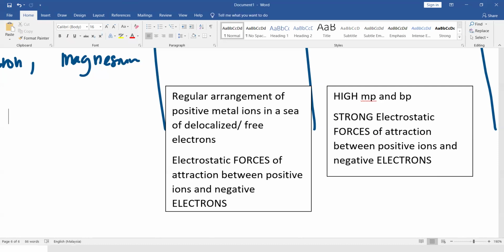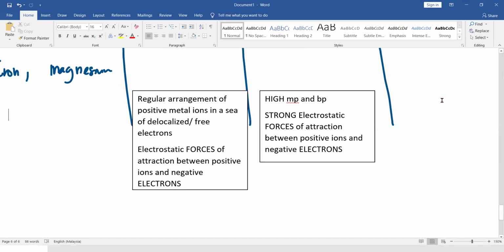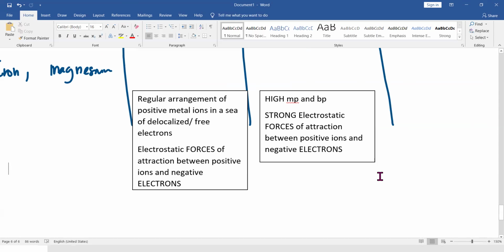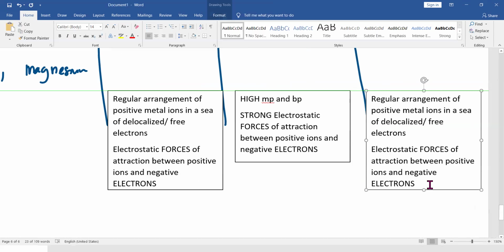All right. Ready? Does it conduct electricity? Yes. Why? Free moving what? Electrons! Not ions, electrons.